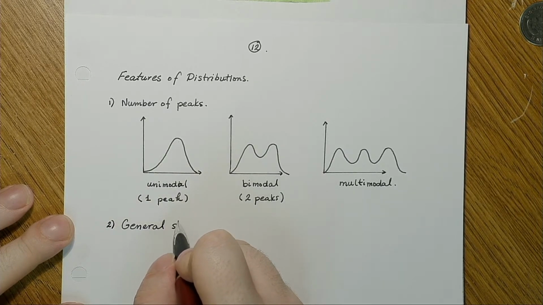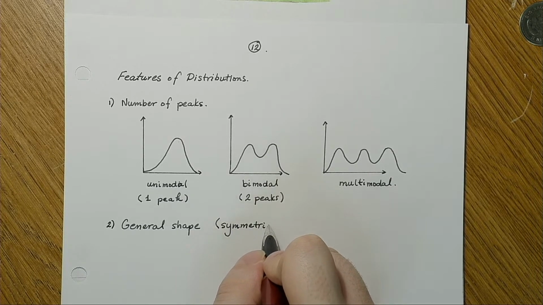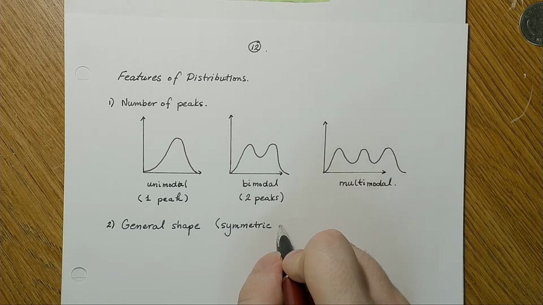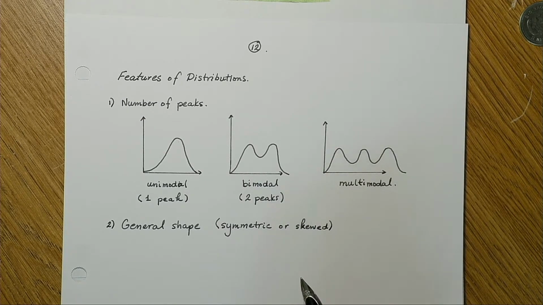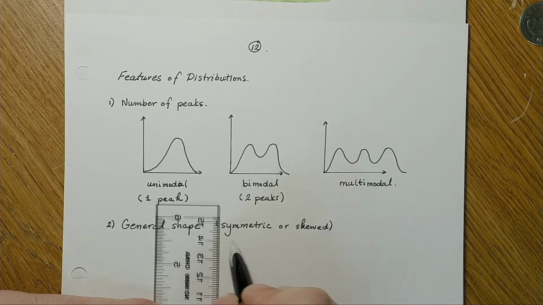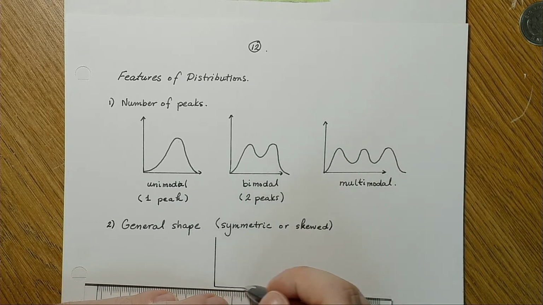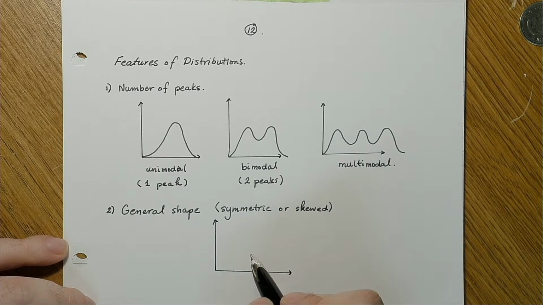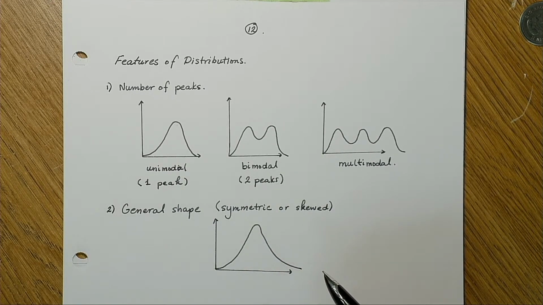Have things like the general shape, and so we can either have this as symmetric or we can have it skewed. So again, there's symmetric.